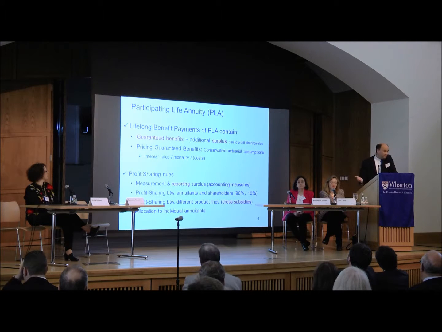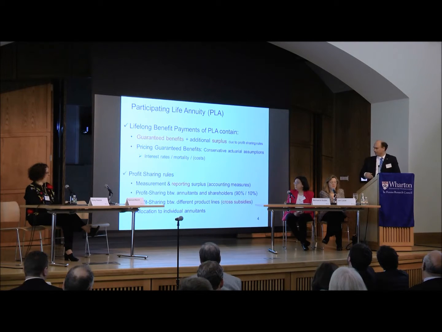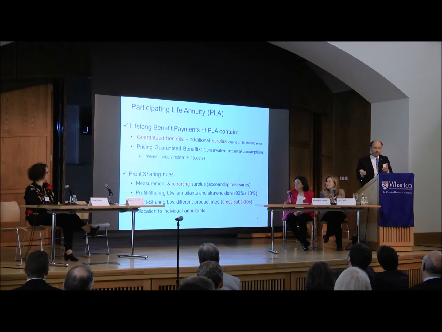And for that, at the end of the day, you need something like a balance sheet or accounting measures, because these are numbers which are certified, which are checked, and you can use that. Here the accounting category comes into the game. Then you need a profit sharing rule between annuitants and shareholders, the shareholders of the company.